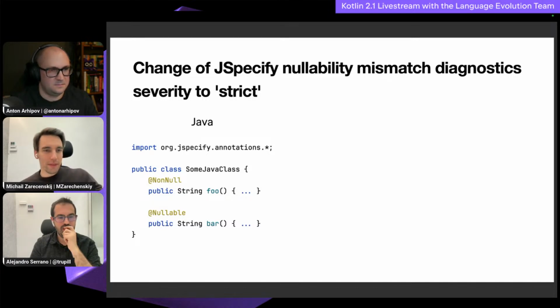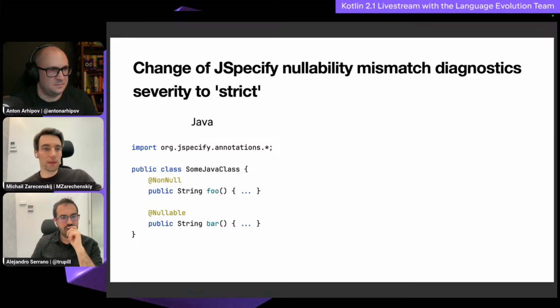And now it looks like we finally got to an agreement with JSpecify. JetBrains is also part of this group, because we have to represent Kotlin, and it should work with Kotlin pretty well without any quirks.